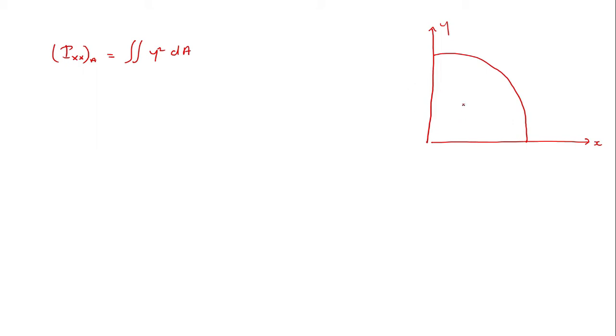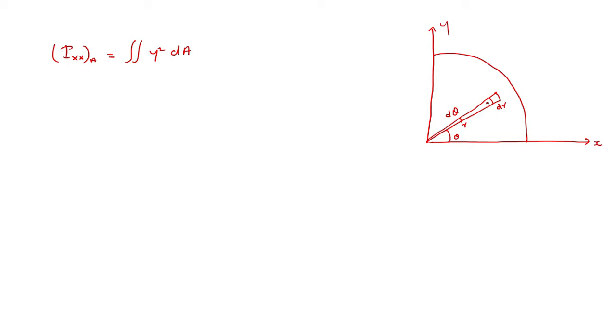Suppose I have a small elemental area that is at a distance of r from the origin O. Here is this area, this is the length r, and along this length you have a differential length dr. If this is angle theta, then this small angle will be equal to d theta.